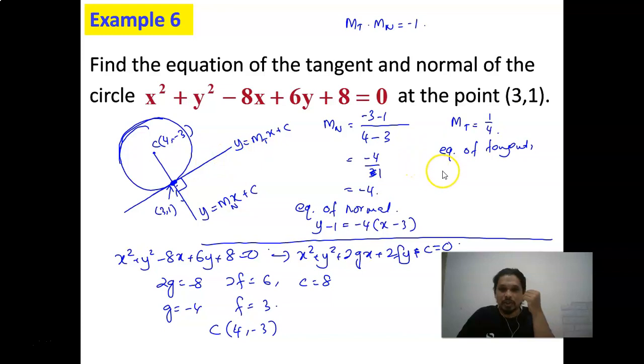Okay, so y minus 1 equal to 1 over 4 times (x minus 3). Simplify this, and here you should get the equation of tangent: y equal to 1 over 4 x plus 1 over 4.